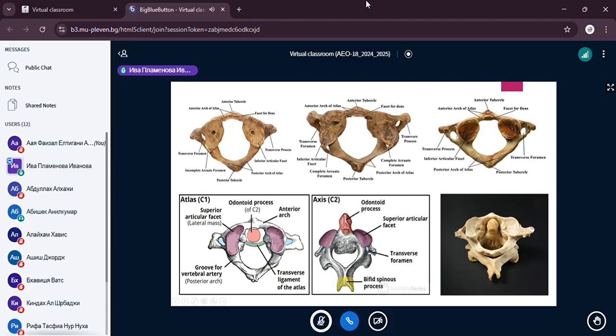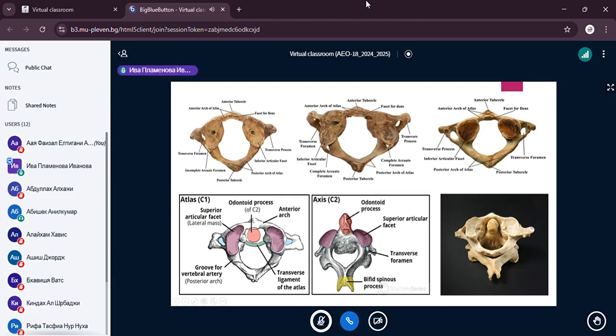If you know from this semester that on the cervical vertebra we have transverse processes with foramen transversarium, the transverse foramen, you already know that here is arteria vertebralis. And you will know the pathway of this artery.